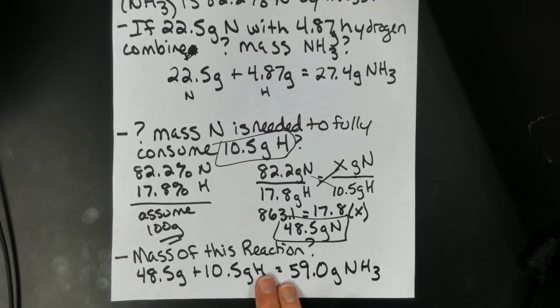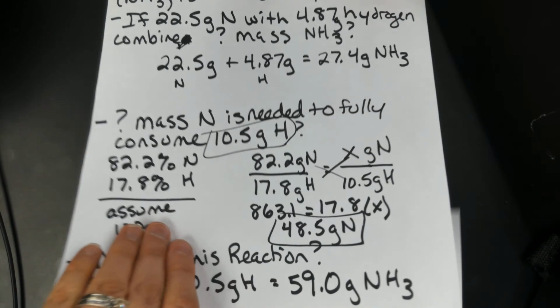So the last question that they have is the one where we get a little tricky, and that's okay, we can handle that. I'm going to switch out the papers.